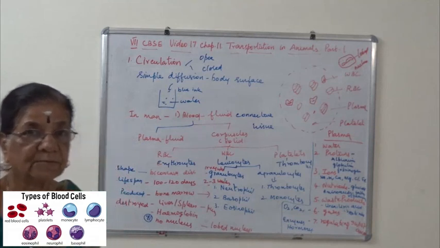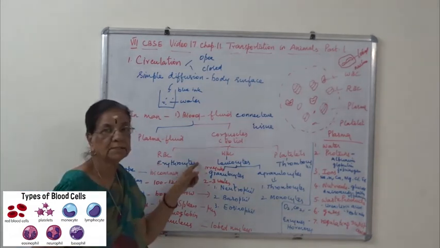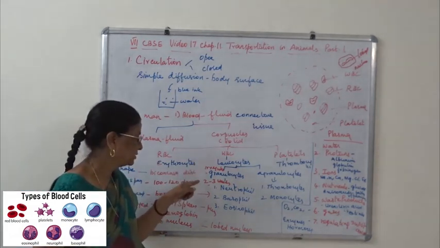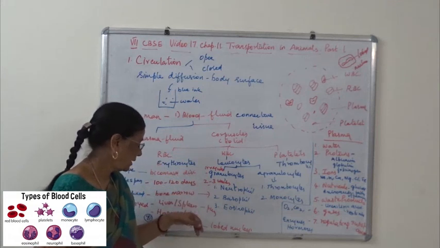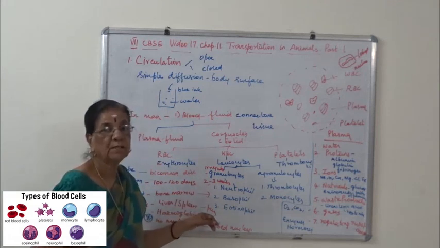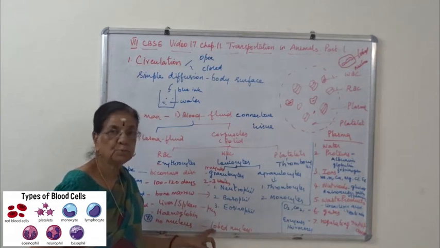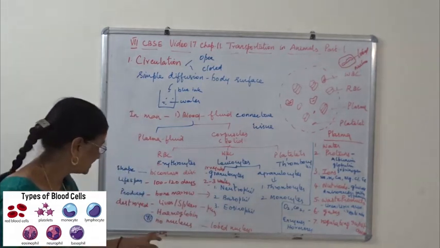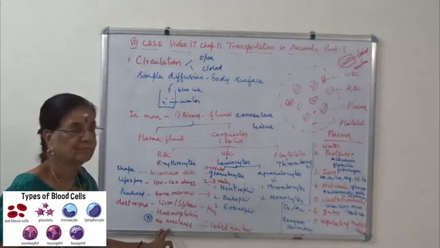Its structure is irregular in nature. Lifespan is 2 to 3 weeks. Produced by bone marrow. Absence of hemoglobin. It is destroyed as pus, and it has a lobed nucleus, whereas mammalian RBC will not have a nucleus.